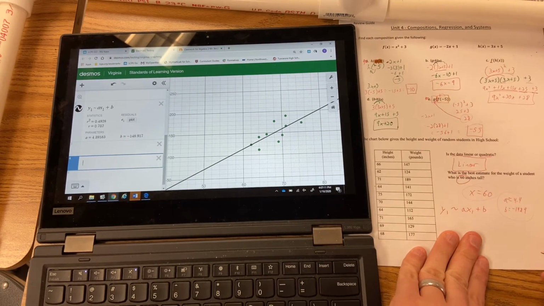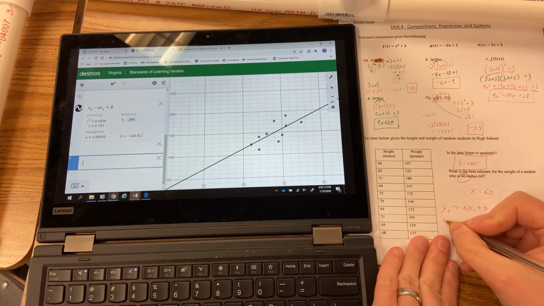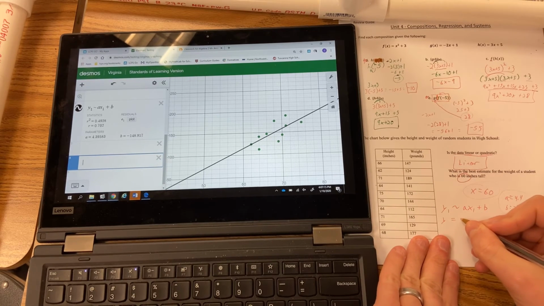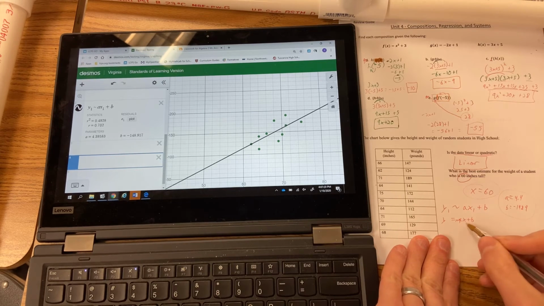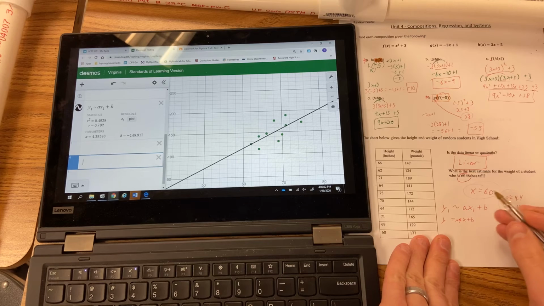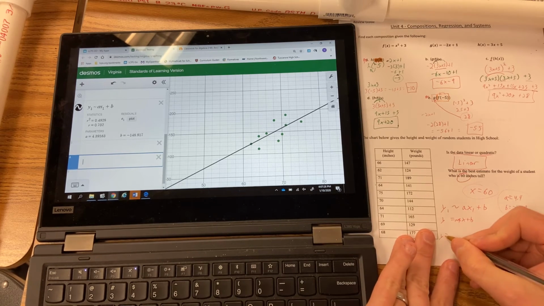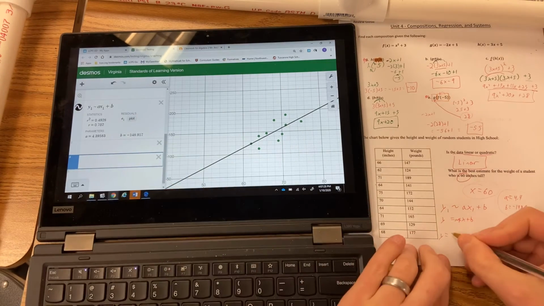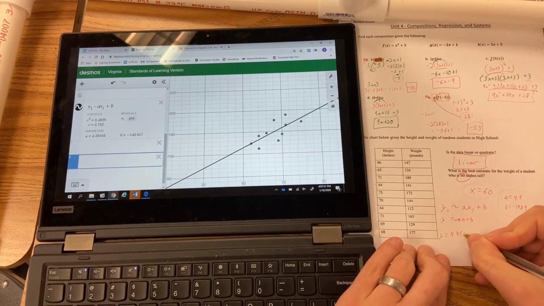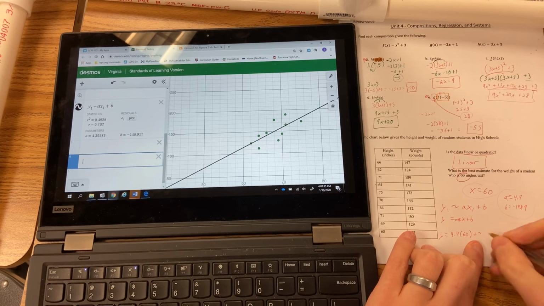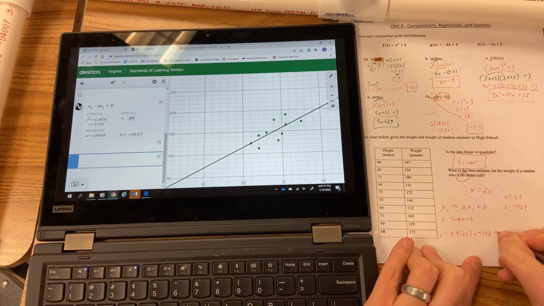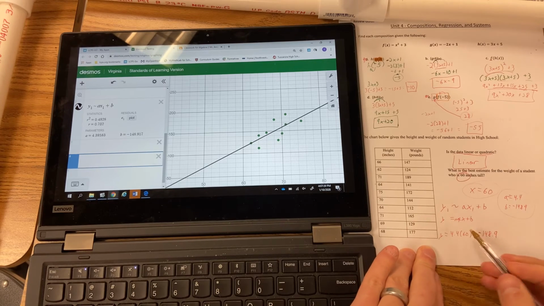And this is all being compared to y equals ax plus b. You're used to it being mx plus b, which is fine. Just know that the first number is 4.4. So when you do this, y equals the first number, 4.4, times 60, because that's x, plus negative 148.9, like so.